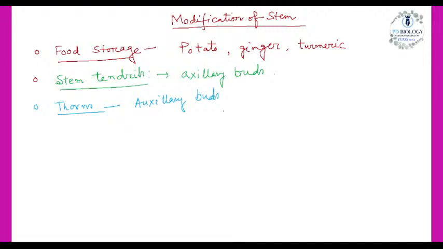The best examples are citrus and the bougainvillea. These are examples of a thorn.